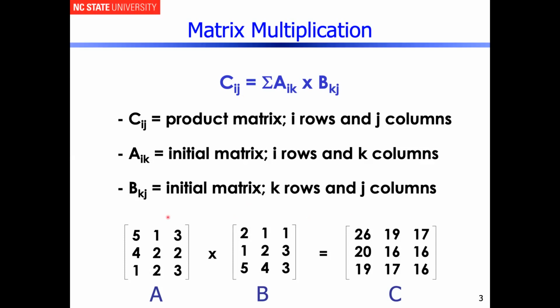So let's actually look at what happens if we do some multiplication and how this works. Well, when you're multiplying matrices, you get what's termed the dot product.